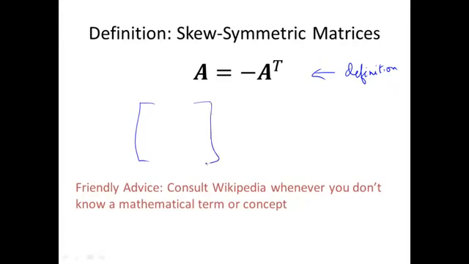If I have a 3 by 3 matrix A, then it must have zeros on the diagonal, and if it has entries a, b, c in the off-diagonal positions here, then the entries here must be minus a, minus b, and minus c. So it's a 3 by 3 matrix, but it has only 3 parameters.